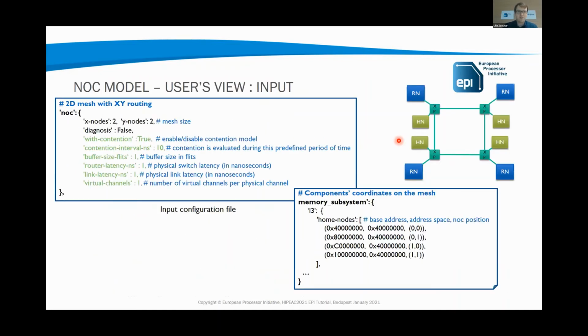So when setting up this new NoC model, again, one needs to trigger a flag to enable the simulation of the contention model. And then one important parameter to look at is the contention interval.